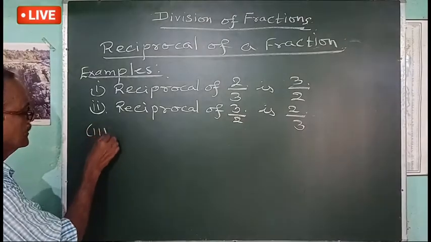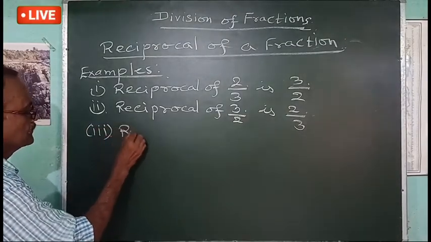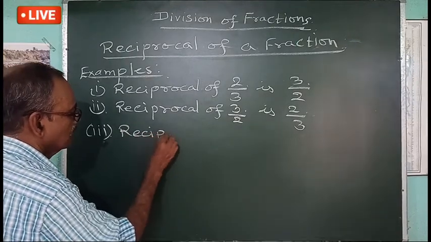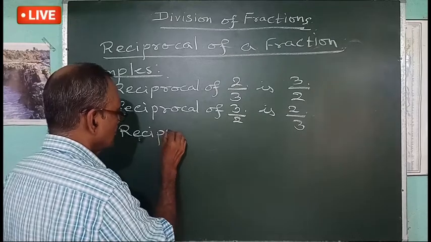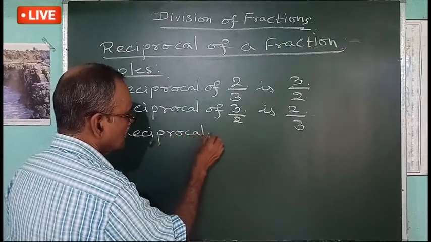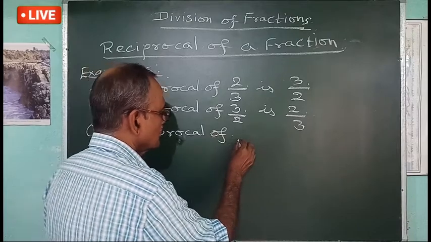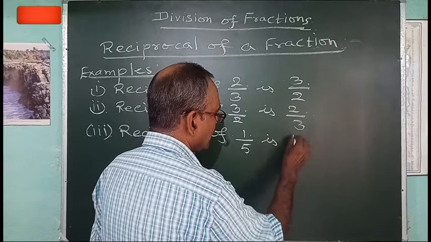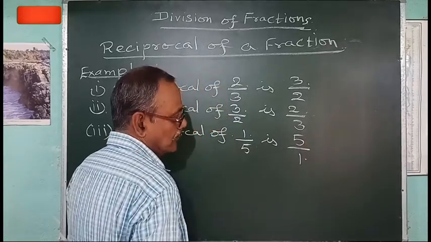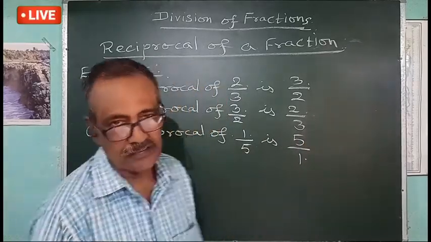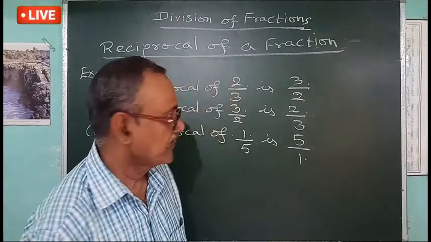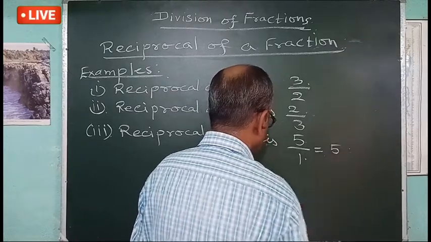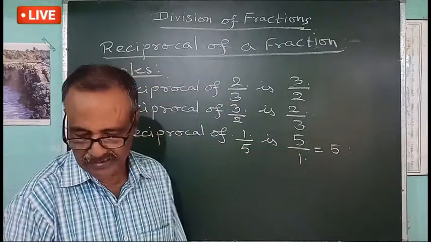Number third, reciprocal of 1 by 5 is 5 by 1. But we don't write 5 by 1, we write only 5. So it is equal to 5. So reciprocal of 1 by 5 is 5.